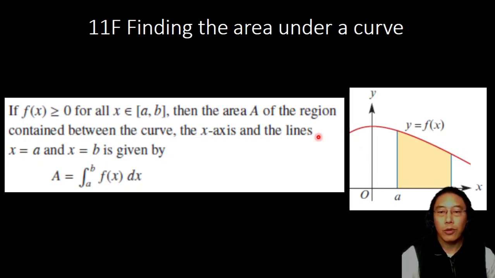Usually the question asks for the area under the curve, so it's from the red curve to between the x-axis and also the vertical lines x equals a and x equals b. Some of the questions might specify the vertical line in that equation form, so just be mindful of the way the question is worded.